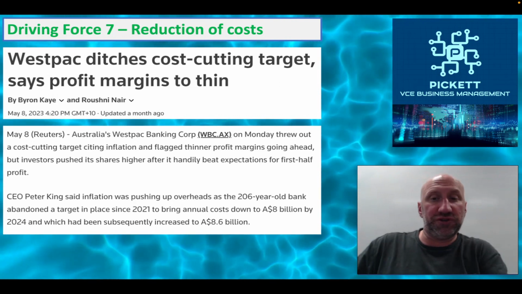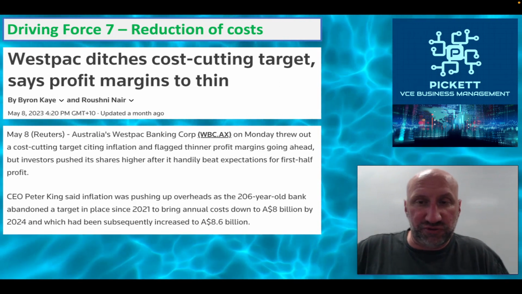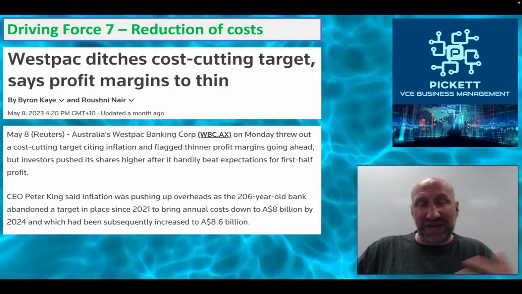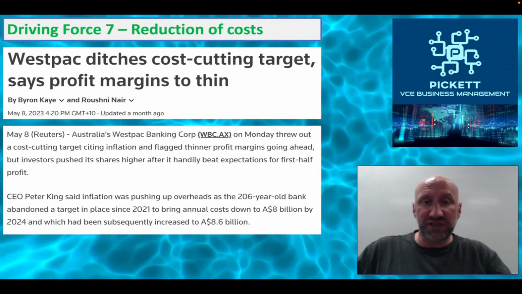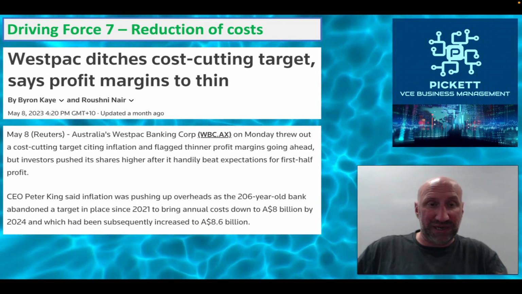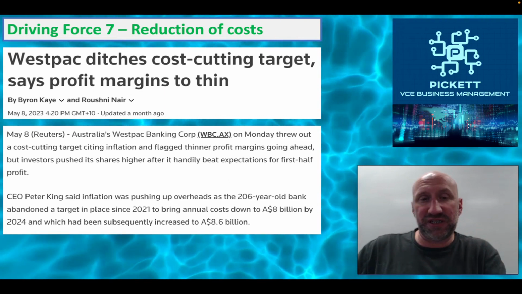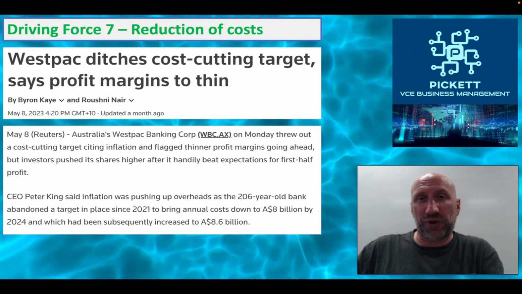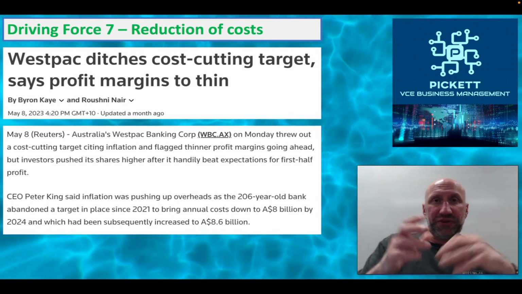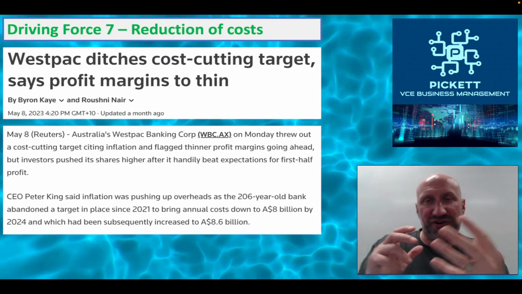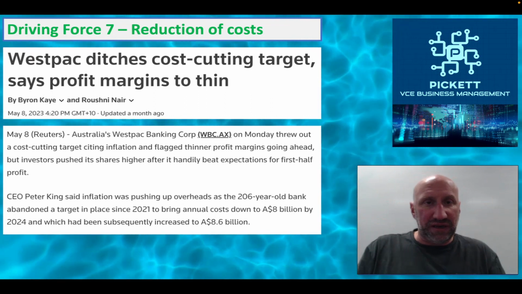Inflation was pushing up costs as the 206-year-old bank abandoned the target they'd had in place for the last 2 years to bring costs down by $8 billion by 2024, but that actually increased. And that makes sense because they set a target in 2021. Now, economically, the world is a very different place in 2023.